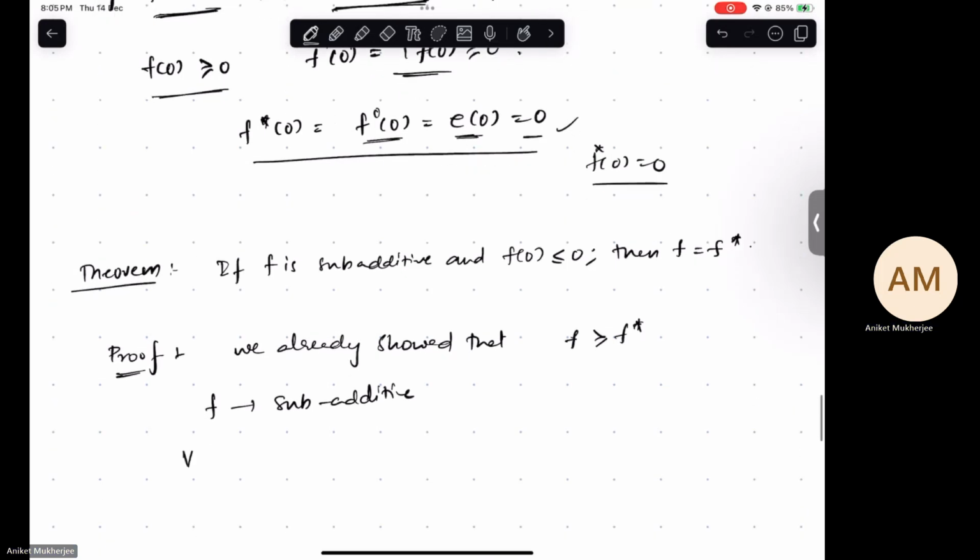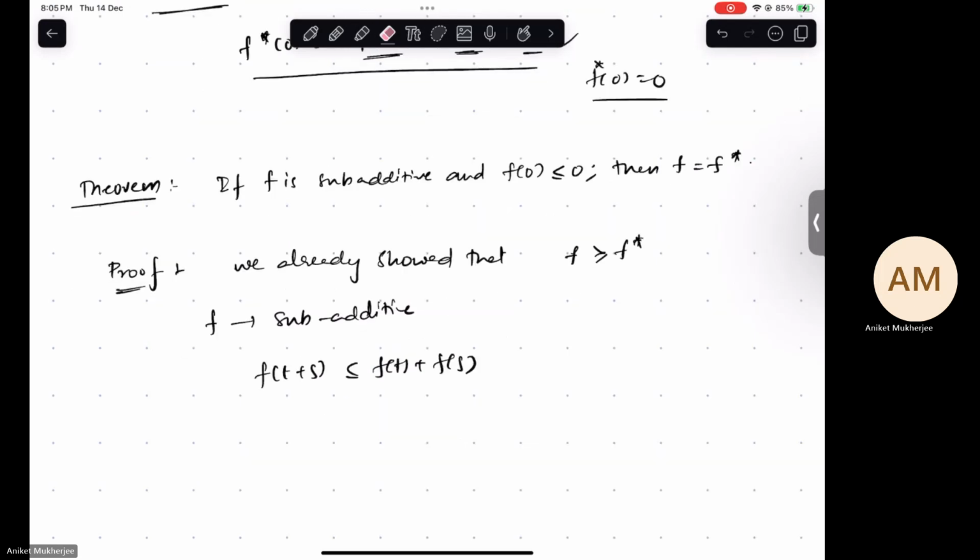It means that for all s comma t, s less than or equal to t, f(t) is less than or equal to f(s). That's the condition for subadditivity. f(t+s) is less than or equal to f(t) plus f(s), and you can also write f(t-s) less than or equal to f(t) minus f(s).